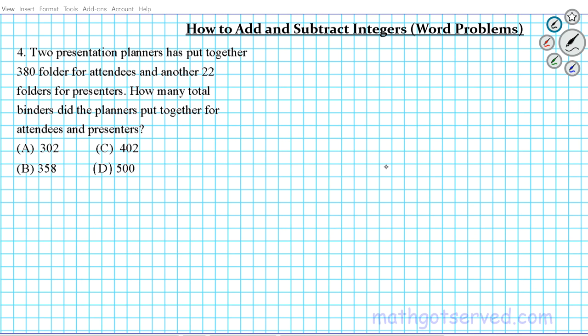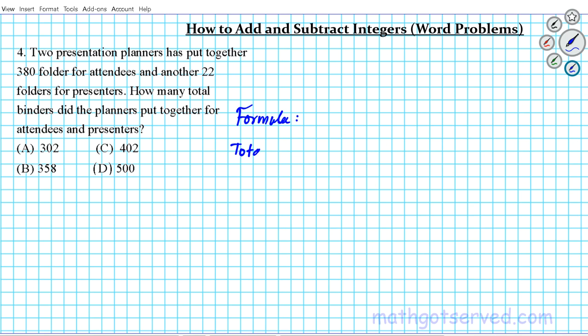Okay, so in this particular case, we have 2 parts. One part for the attendees and the second part for the presenters. 2 parts of exactly the same thing. So what's the formula for finding the parts together? Total of the parts together. Let's go ahead and write down the formula that's going to guide our problem solving process.